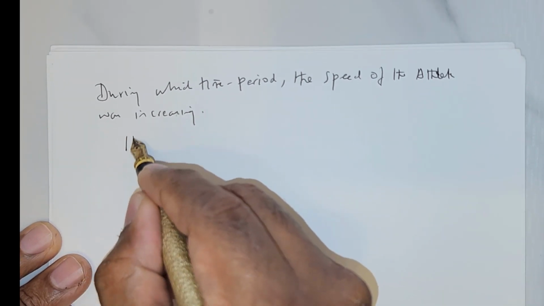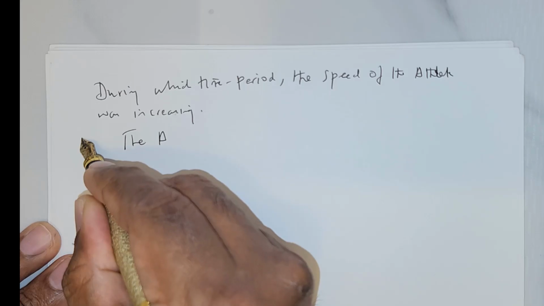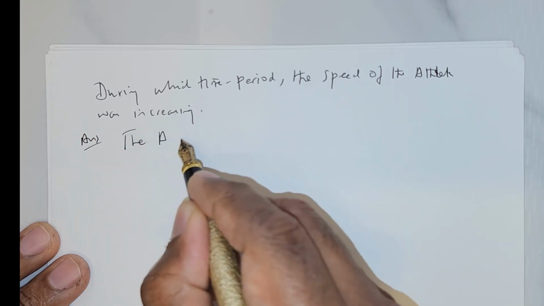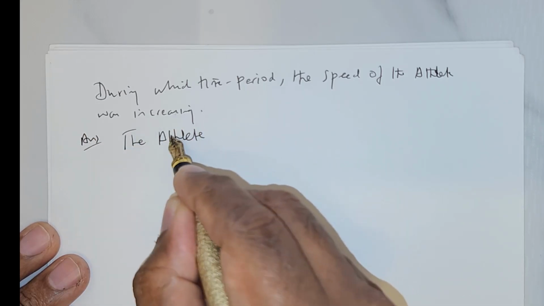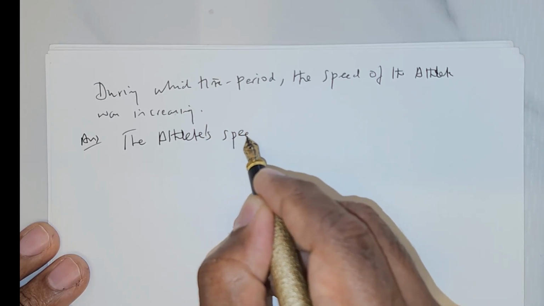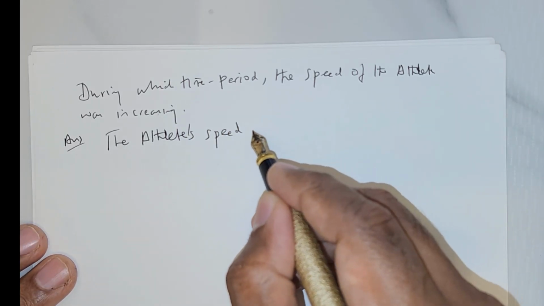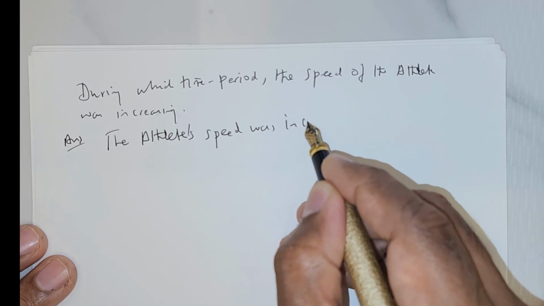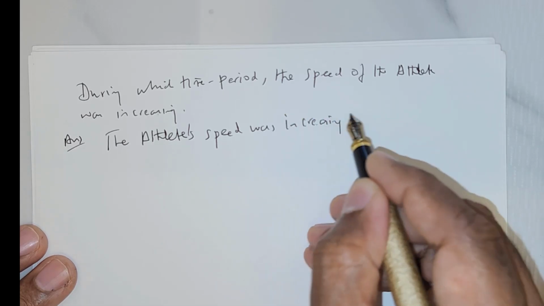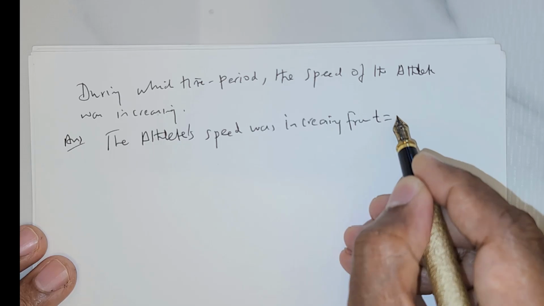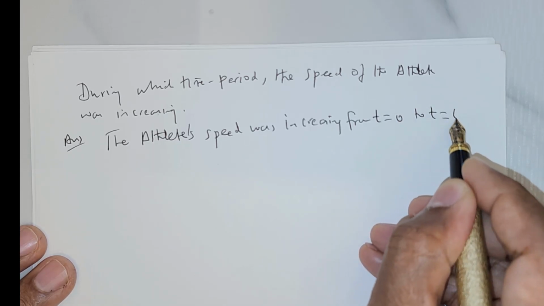So you need to write that. This is the answer. The athlete's speed was increasing from t is equal to 0 to t is equal to 6.